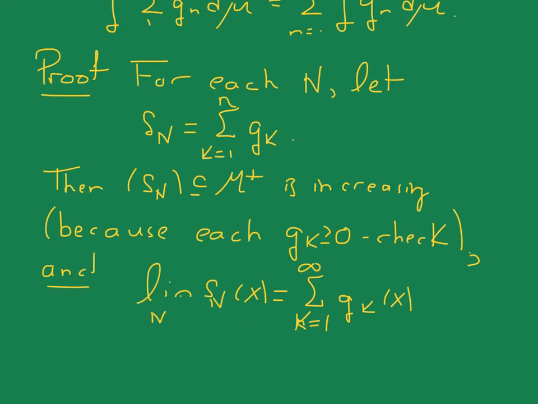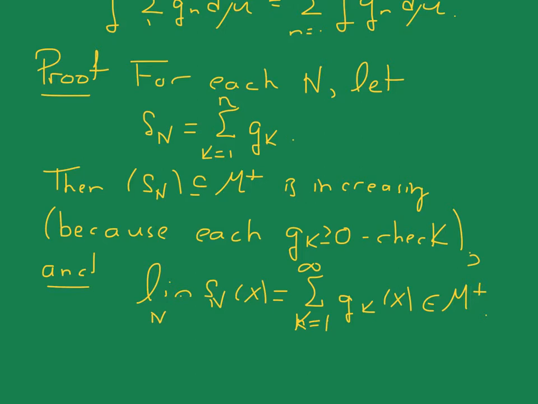We might note, this sum of the series might actually equal plus infinity. So this series could diverge, but that's okay. The point is that the limit is necessarily defined for each x in X, because we have an increasing sequence, and we know that when the limit of a sequence of non-negative measurable functions exists, it too is going to be non-negative and measurable. All right, maybe we could even add that statement there, that this is going to belong to the collection of non-negative measurable functions.